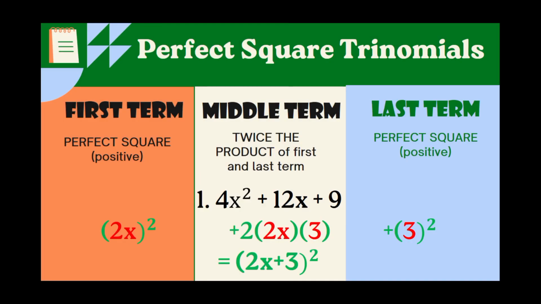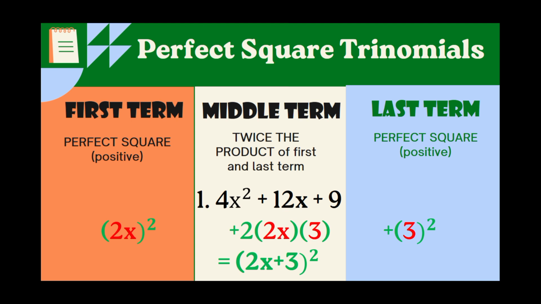We say that it is a perfect square trinomial if the numbers are perfect squares expressed as a square of another number, and we say that it is a trinomial if the expression has three terms.